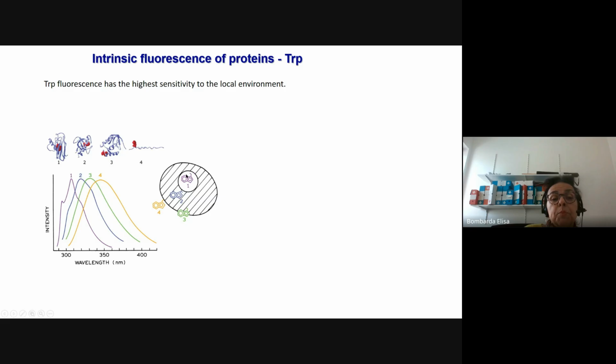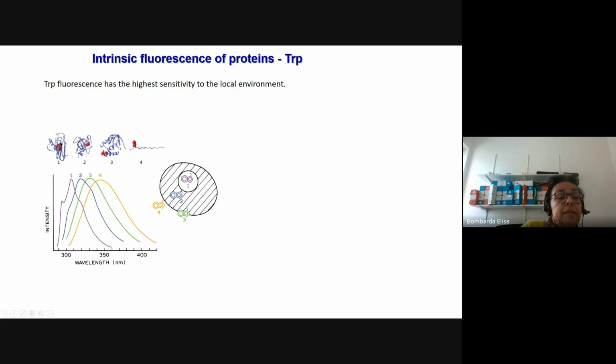When the tryptophan is in the core of the protein, in a more hydrophobic environment without accessibility to the solvent, it has a blue-shifted spectrum, in the blue extreme of its emission band.